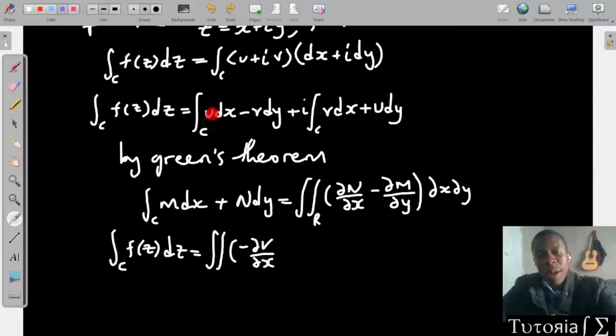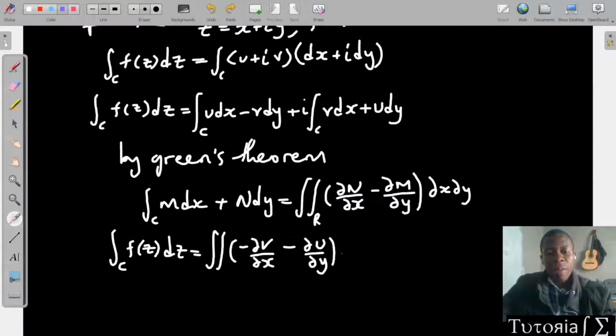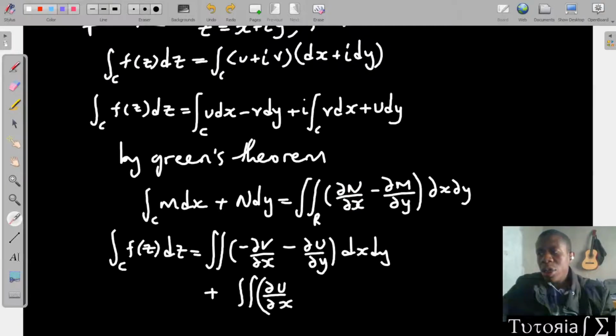Since our other one is positive, it will just be minus du/dy dx dy. Same applies here. Our u is our N, so it will be du/dx, and since it's positive, it's just plus du/dx, minus, always it's minus.